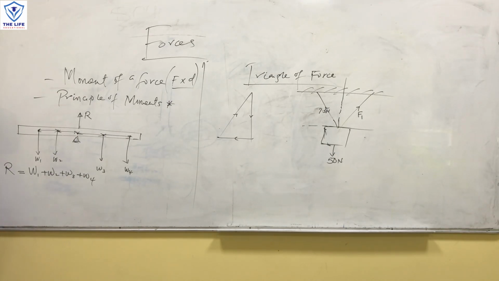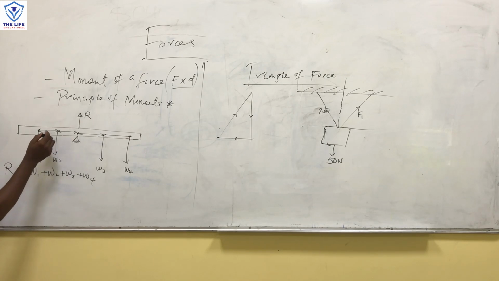So let's first of all identify which of them are clockwise about this point and which of them are anti-clockwise. That's very simple. You know that the moment of W1 is going to be W1 multiplied by this distance.